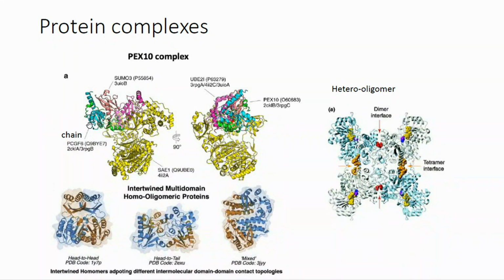We also call, I think I mentioned a little bit before, each single subunit that comes from the same polypeptide a chain. And usually you can consider a chain being an independently transcribed subunit.